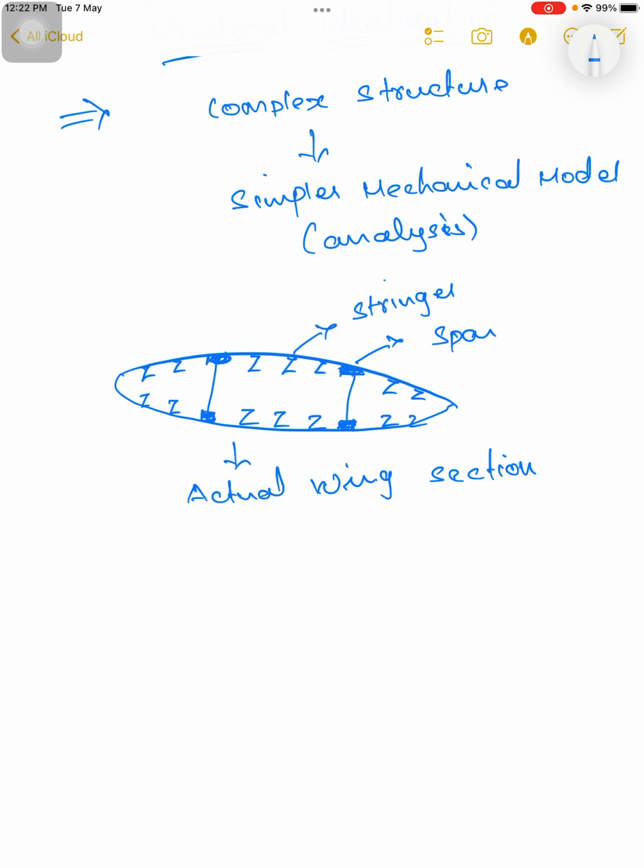Okay, so when we want to do analysis of this complex geometry, it is a tedious and difficult process.